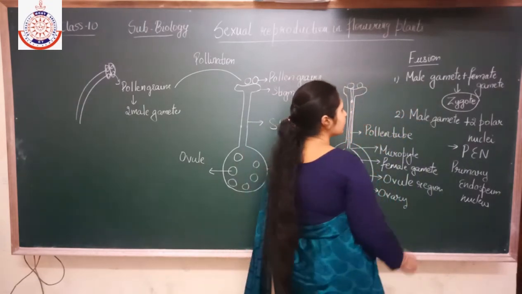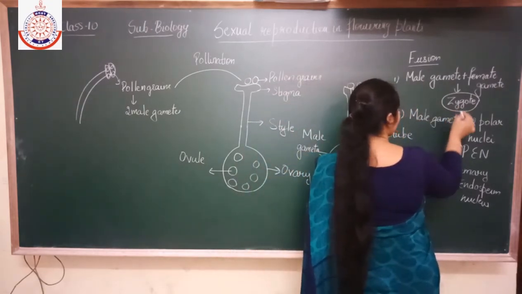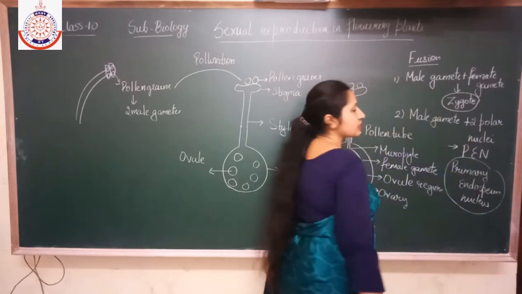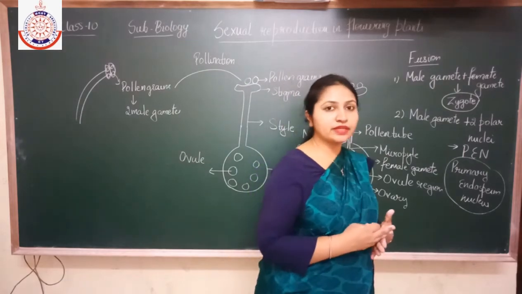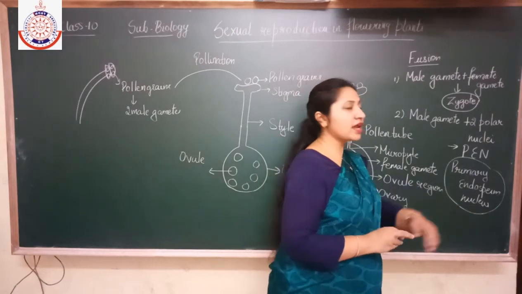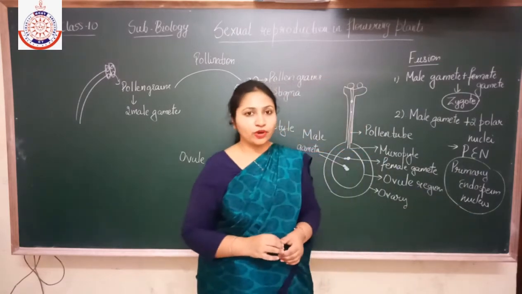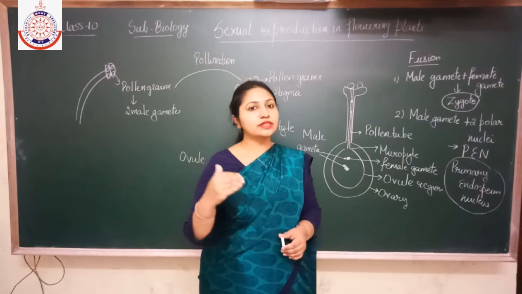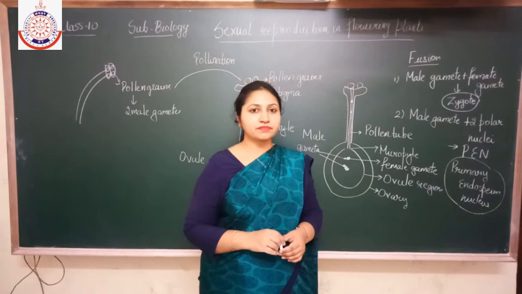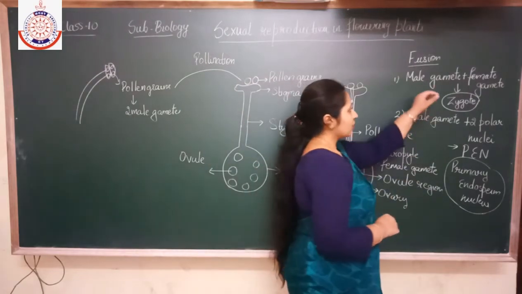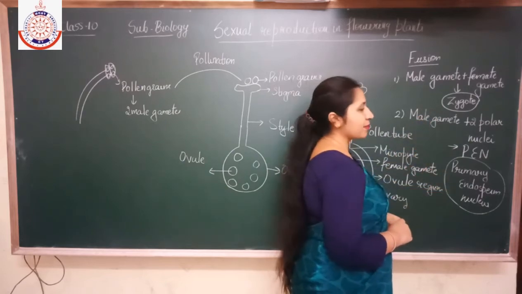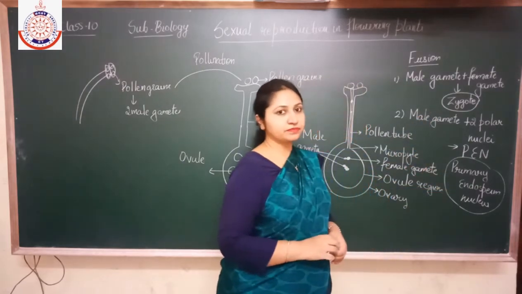And what is the nature of this zygote and primary endosperm nucleus? The zygote is diploid in nature because two nuclei are present, and the primary endosperm nucleus is triploid. You will study that in detail in +1 and +2 class. Now, two products are there, the zygote and the primary endosperm nucleus.